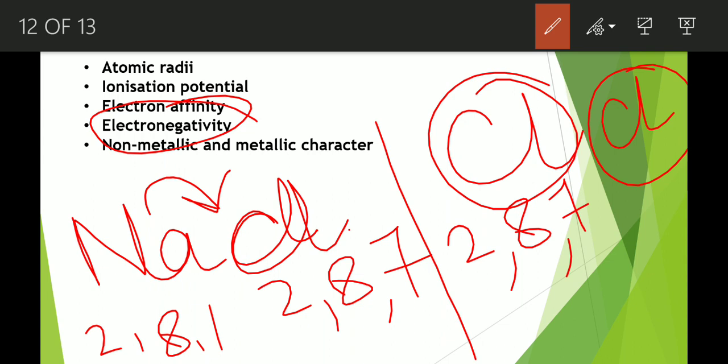So they will share electrons. That's why they have nearly similar electronegativities, because they both share 1 electron to complete their octet. In this case, the bond that forms is covalent. Clear?